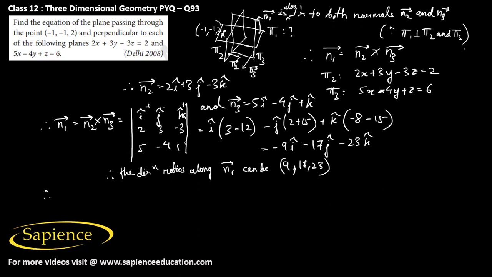Therefore, n1 vector should be proportional to this, some lambda times of this. So here n1 vector we can also take as 9i cap plus 17j cap plus 23k cap.